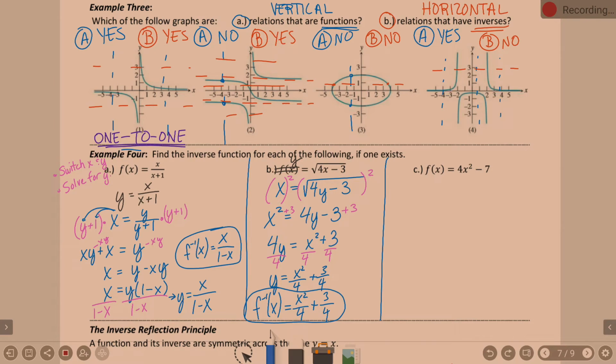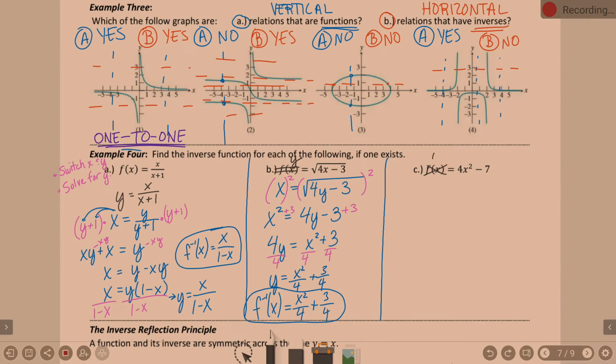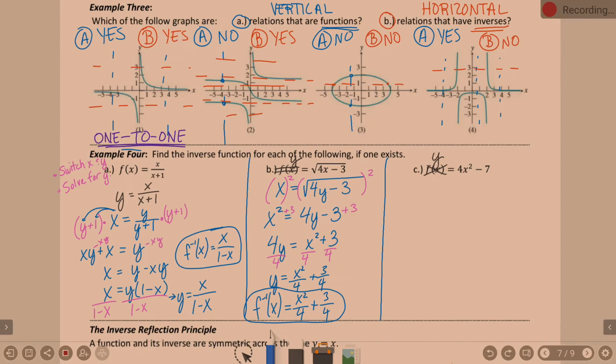Okay, on C, f of x equals 4x squared minus 7. We, of course, know f of x to be the same as y. So what's my first step here? Switch them. Instead of y equals, I'm going to say x equals, and instead of 4x squared minus 7, 4y squared minus 7.